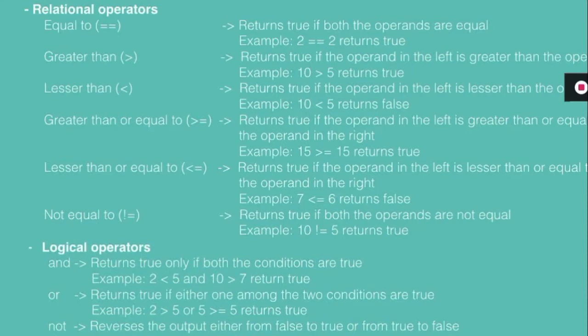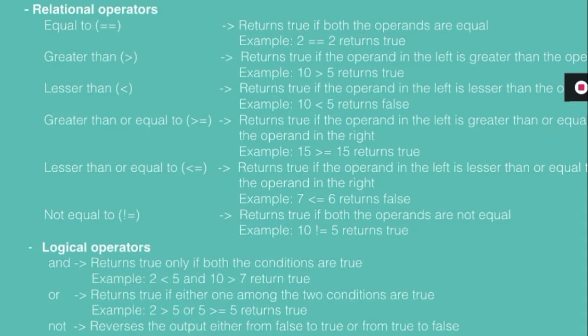First we explain the and, which returns true if both the conditions are true. So it says 2 is less than 5 and 10 is greater than 7 returns true. If you try to do it in one go, you would end up messing things up, but when you do it one by one, things go much quicker.